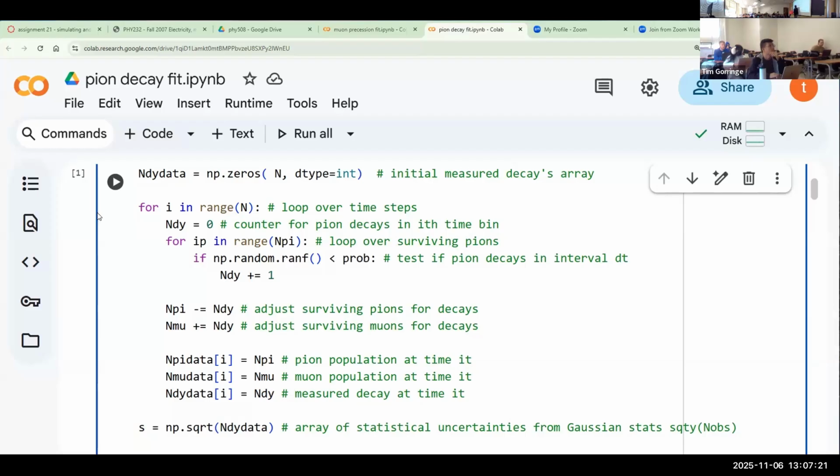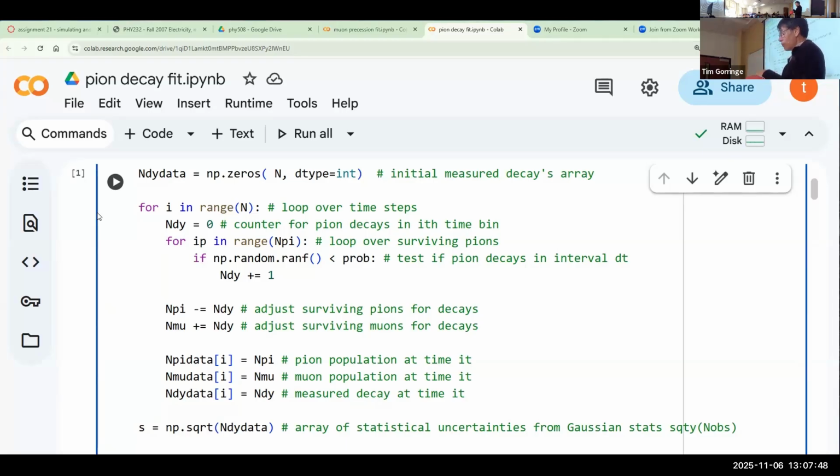It's contained in these nested for loops. The outer loop is a walk through the time steps, the time intervals in my time distribution. I think I have a range of 1,000 time bits over 100 nanoseconds. So I'm going to take 1,000 steps through this outer loop.